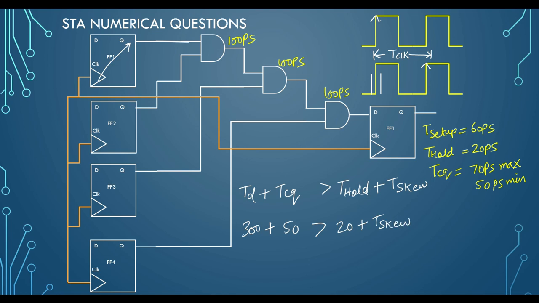So the T skew should be at most 350 minus 20, which is 330 ps. The maximum skew the circuit can tolerate is 330 ps. It cannot be more than that, otherwise it will start violating.